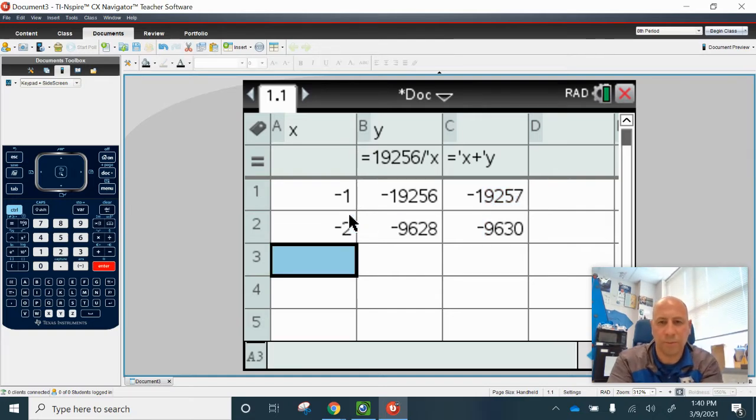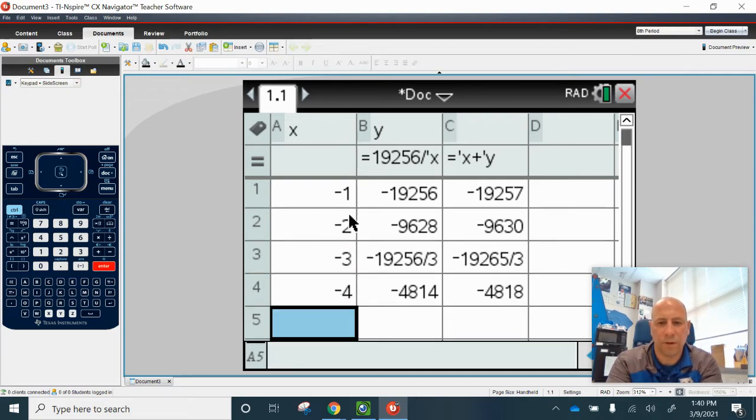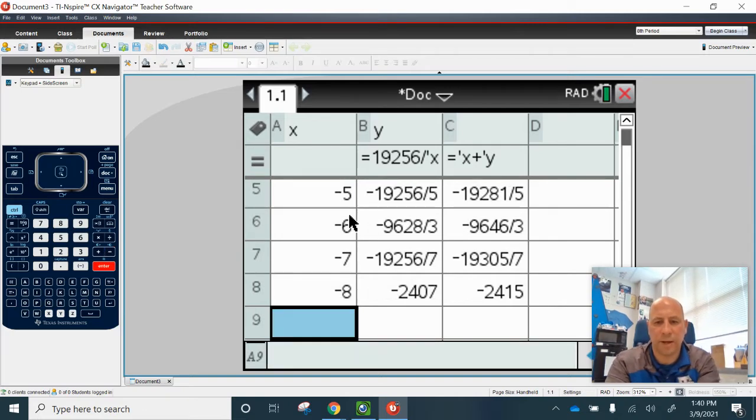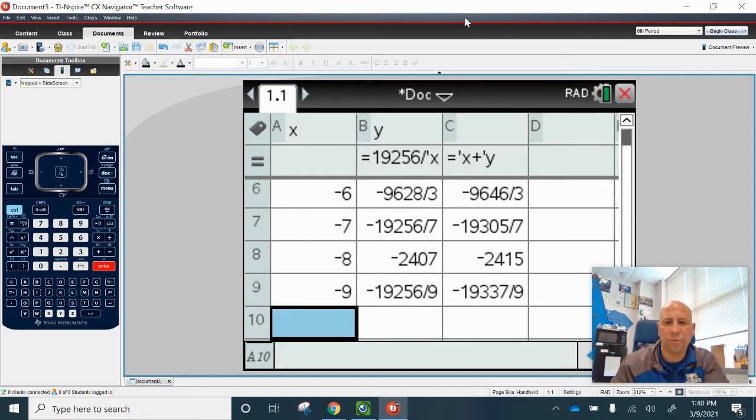So negative 2, negative 3, negative 4, negative 5, negative 6, negative 7, negative 8, negative 9. And you notice we're disregarding the fractions, because we know we want it to be exact. Now we're at 2,415, so we're just going to keep going.